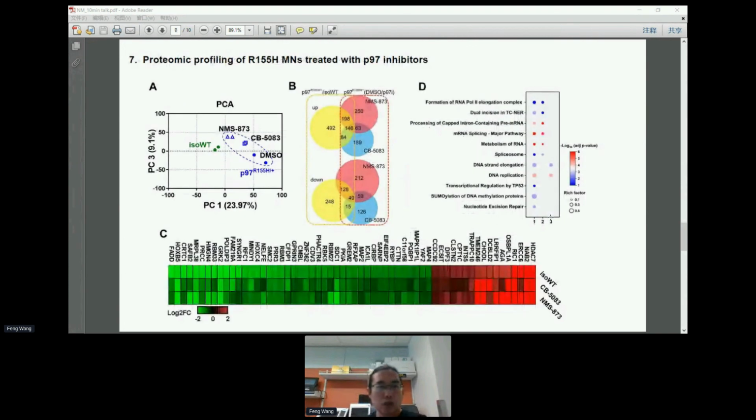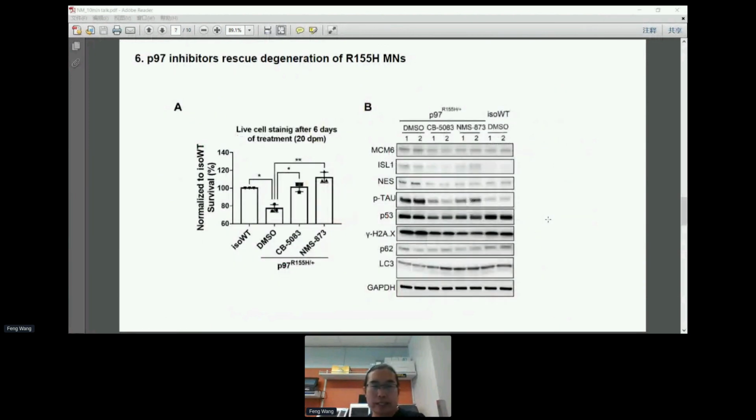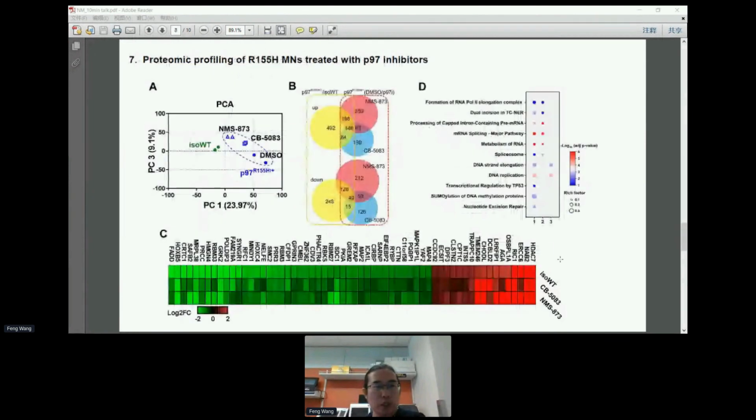Next, we also used proteomics to profile the treatment effect, because with Western blot we can only see a few markers, but we don't know the overall effect. Using the proteomic approach, we can know the overall effect of the inhibitor treatment. From the PCA, we can see the mutant and the wild type are separated from each other, but after treatment, we can see the samples close to wild type.